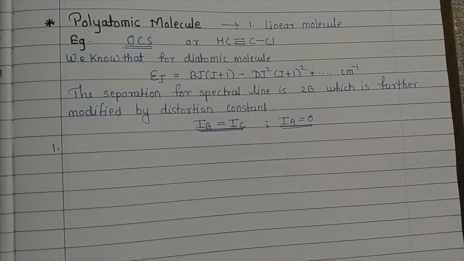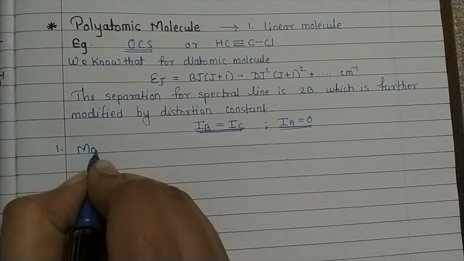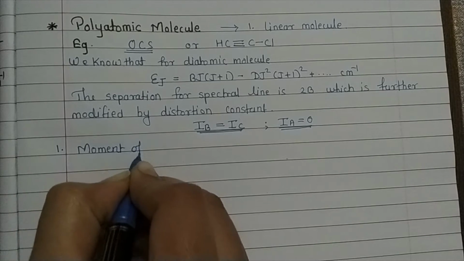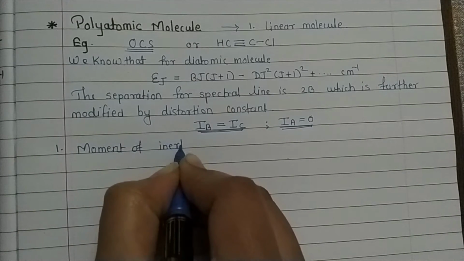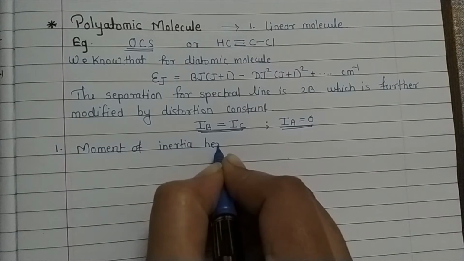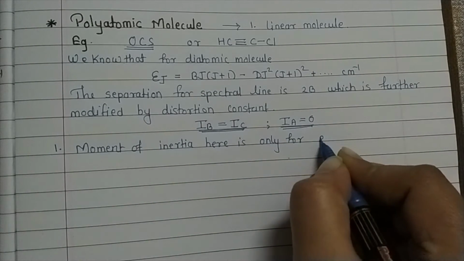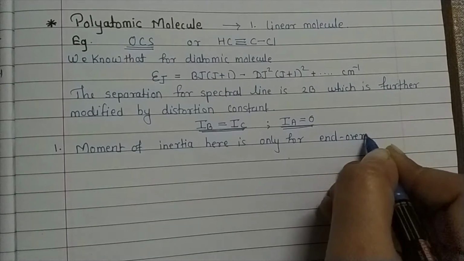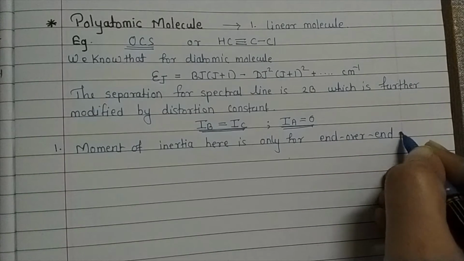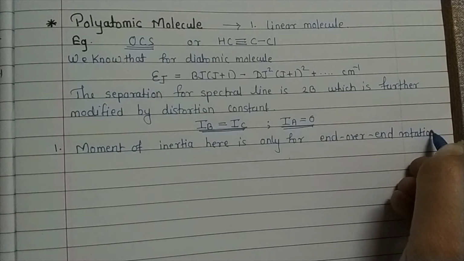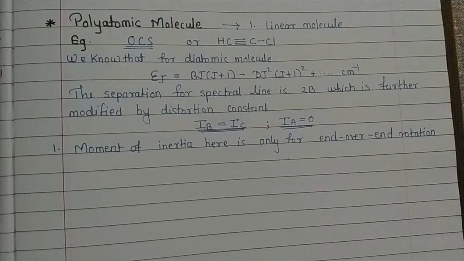Is it okay? So the moment of inertia here is only for end over end rotation, whether it is in the plane or perpendicular to the plane, but the moment of inertia is considered only for end over end rotation. Is it clear?